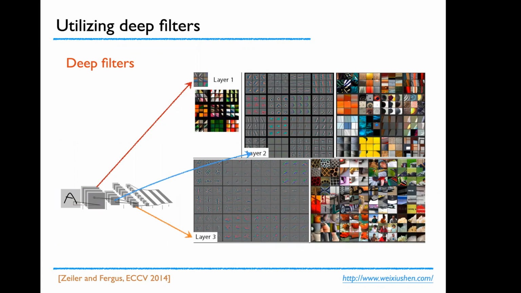In deep convolutional neural networks, the deep filters, that is thin filters, refer to the learned weights of the convolution layers. The responses from these deep filters can be viewed as localized descriptors. And these deep descriptors have the following properties.